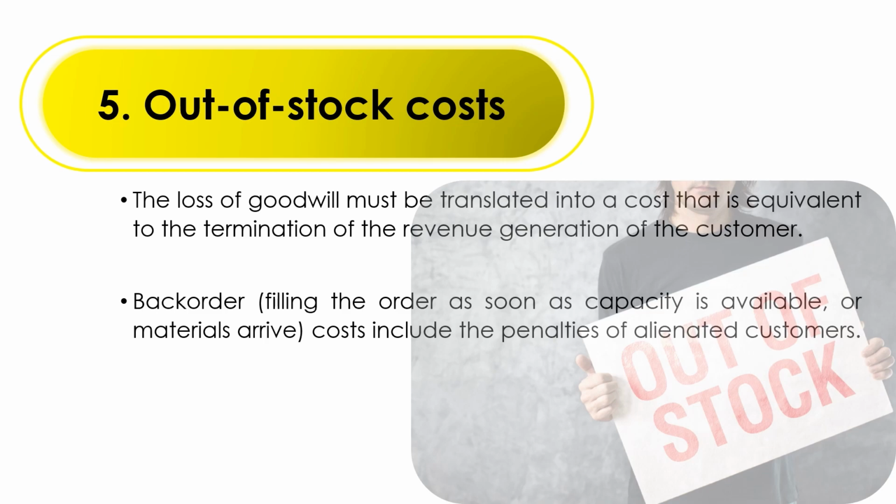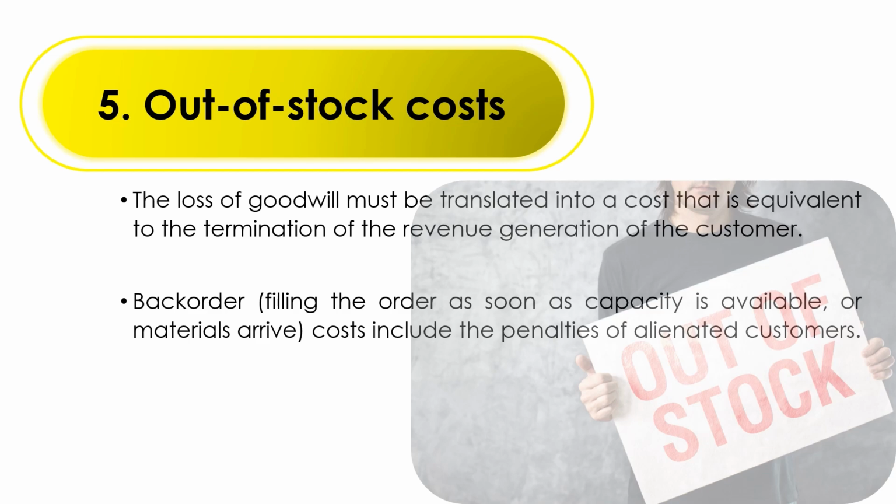But if the customer is irritated by the out of stock situation and finds a new supplier, the customer may be lost forever. So the loss of goodwill or the reputation of the company must be translated into a cost that is equivalent to the termination of the revenue generation of that customer.